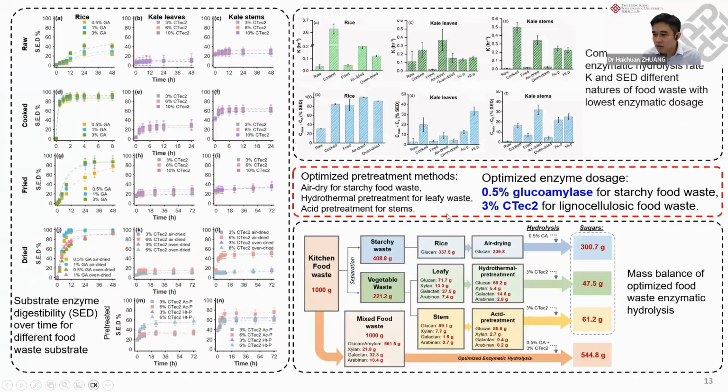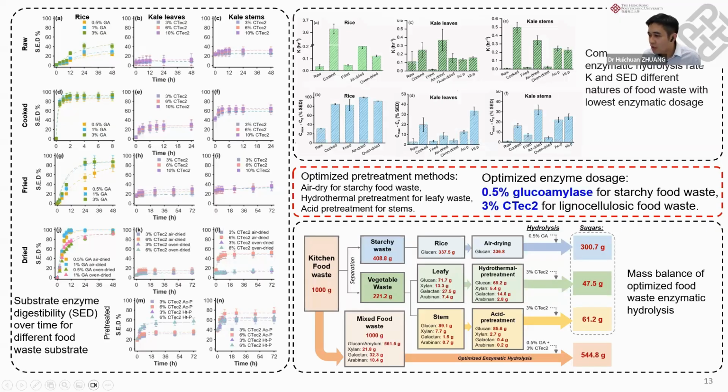This is the result of the enzymatic hydrolysis optimization. We found that the different cooking methods affect our enzymatic hydrolysis efficiency. The substrate enzyme digestibility is affected by different cooking methods and also the pretreatment method.